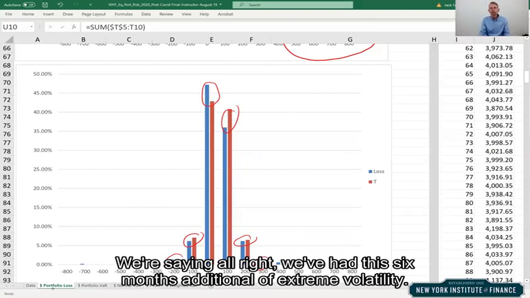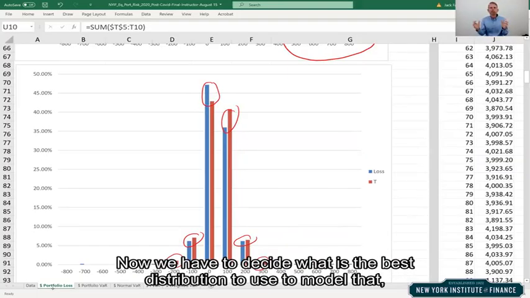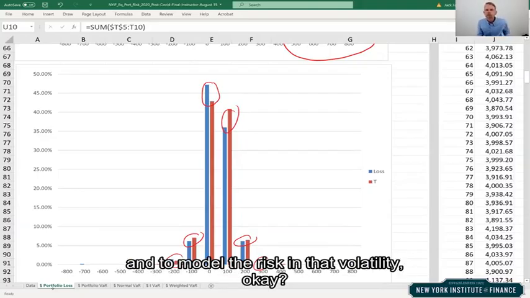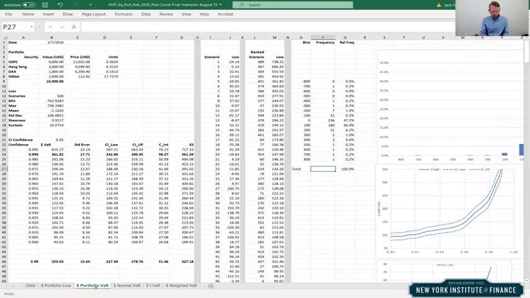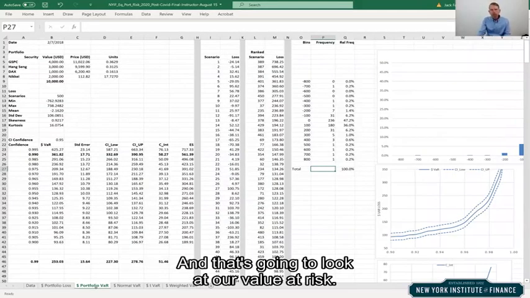We're saying, all right, we've had these 6 months of additional extreme volatility. Now we have to decide what is the best distribution to use to model that and to model the risk in that volatility. Okay. Now, going to the third tab here, and that's going to look at our value at risk.